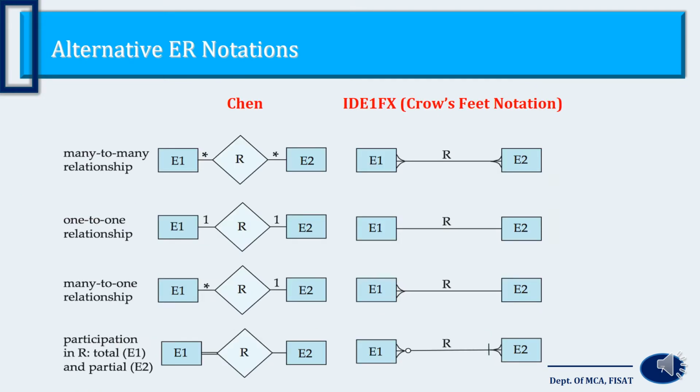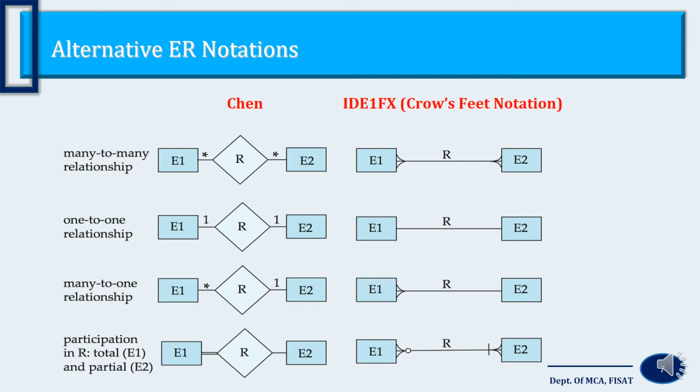We can have different types of notations for representing these mapping cardinalities in our ER diagram. So the simple star on the line that connects the relationship and the entity signifies the term many. Similarly, the digit 1 signifies the term one. Okay, it's an alternative method for representing the many relationship and one relationship in the Chen's notation.